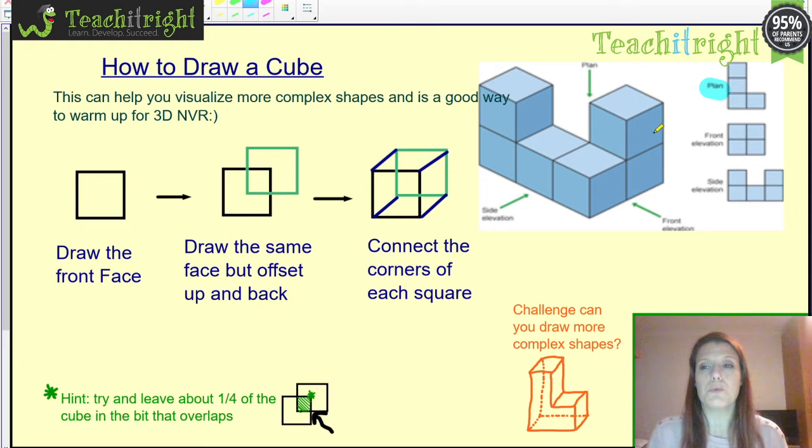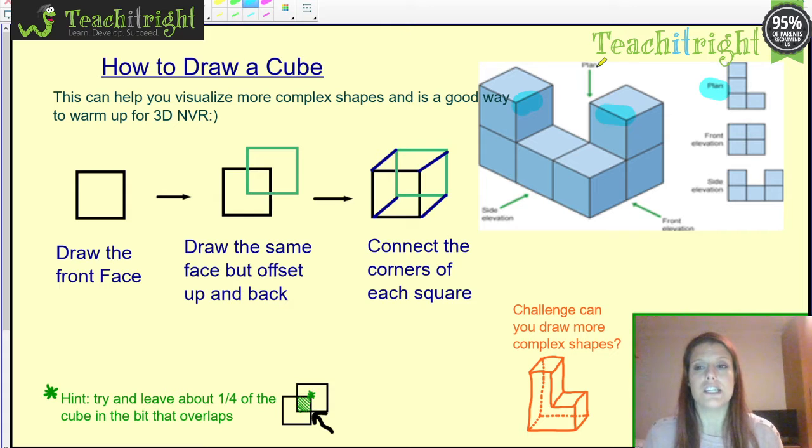That's what the shape would look like from the top down, a bird's eye view, because you would only be able to see the orientation of the shapes, that is how they are set out. You wouldn't be able to see the depth. So for example, you wouldn't be able to see that this cube here and this cube here are higher than these ones. You would just see the layout. So a plan view, that's what you would see.